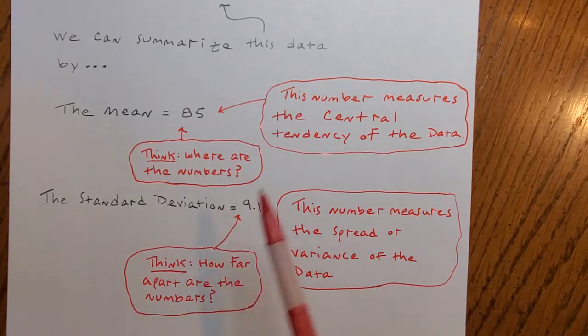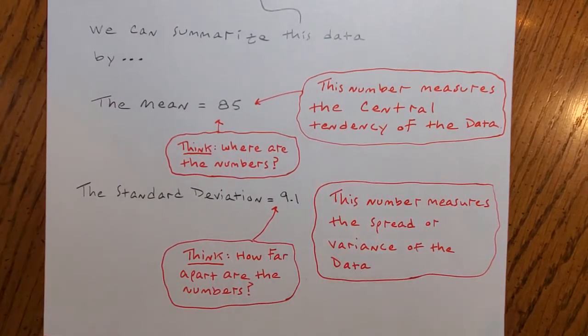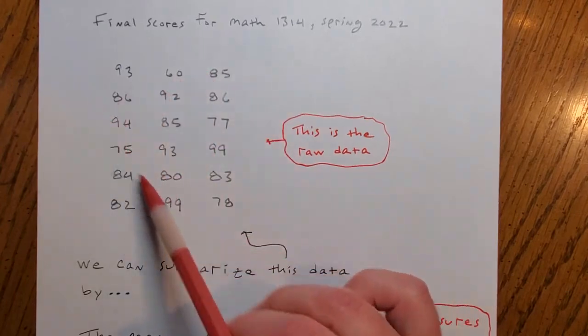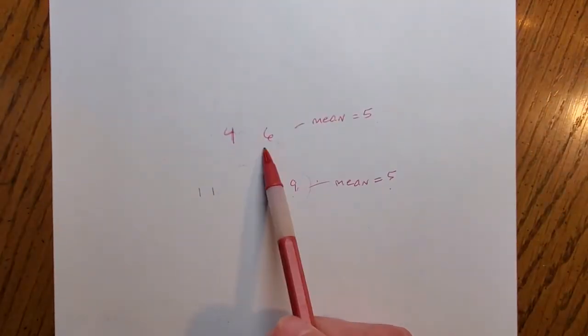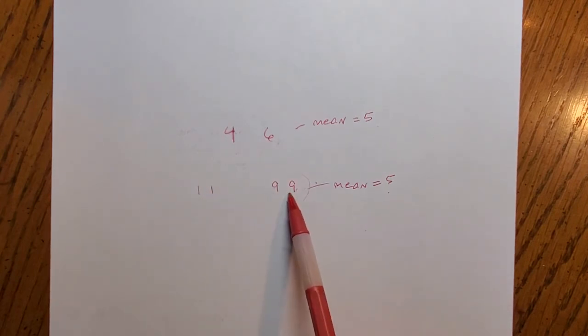Okay, so let's think of this then. Just to put it simply, for this first video, we'll talk about it in more detail later, but this tells you how far apart the numbers are. Okay, the bigger this number is, the more the raw data is spread out. Okay, so let's see, 4 and 6, those numbers are not spread out. 1, 1, 9, and 9, those numbers are spread out.